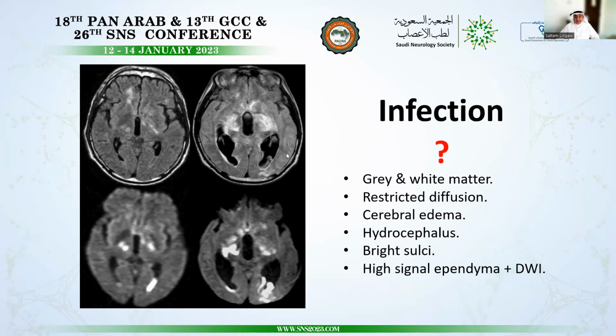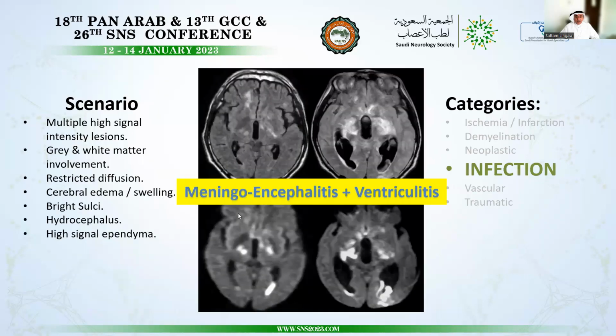There is bright sulcal CSF signal intensity on FLAIR, which we see with meningitis. So all these go with an infectious process. So yes, this is actually a case of meningoencephalitis with ventriculitis.